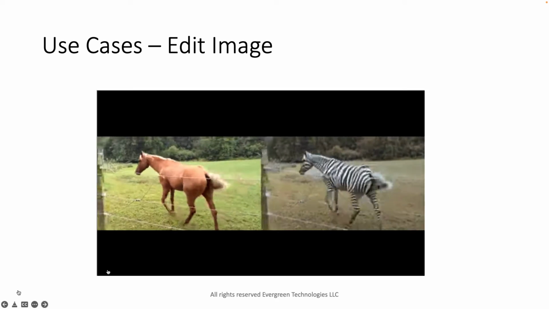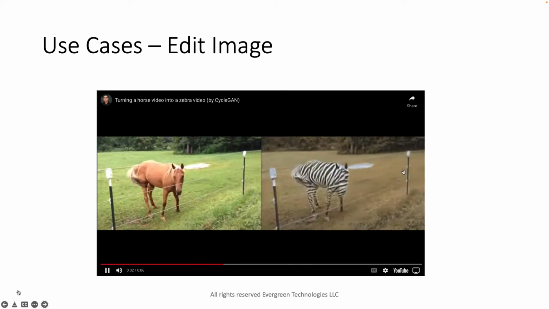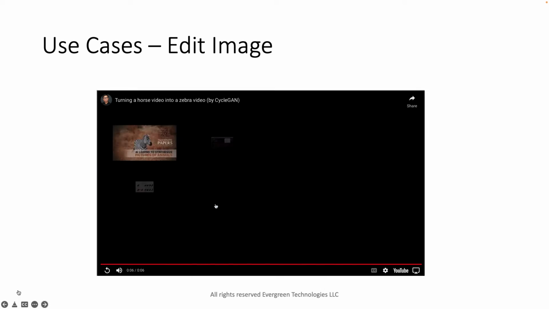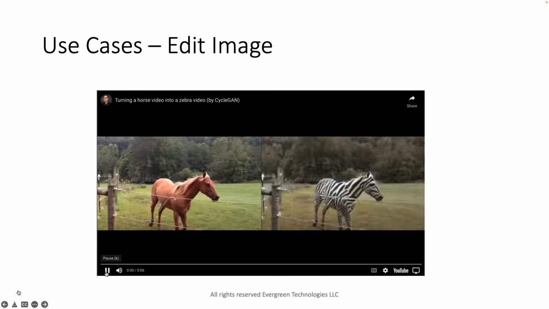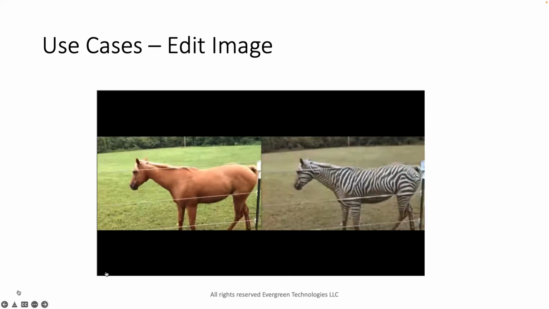And as you can see, it looks like a pretty realistic zebra. Everything else it has kept the same, the only thing it has done is generate a zebra from the horse, right? So pretty amazing, right? This is done by the deep neural network without any manual intervention.